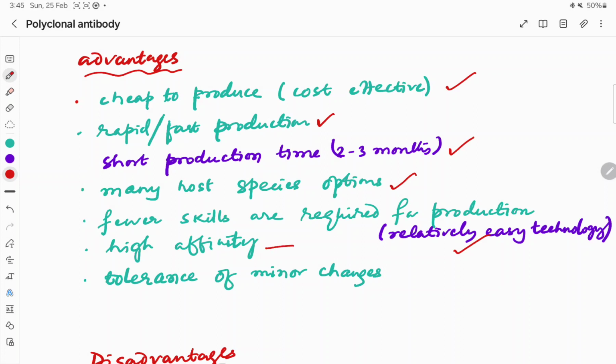That's why we call it high affinity. But specificity is low because it is not specific to a specific epitope of an antigen. Tolerance of minor changes is one advantage, because it can bind to similar antigens also. So if a certain change in the structure of the antigen is there, it may also bind.